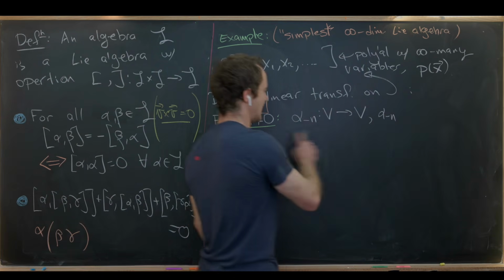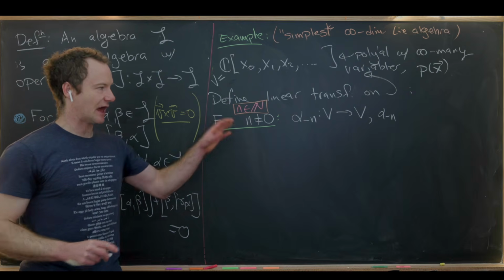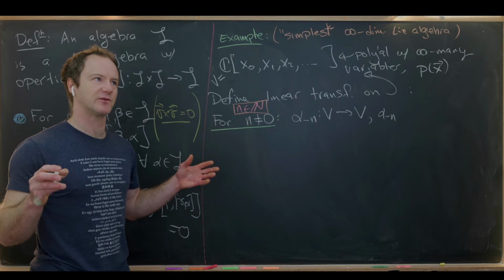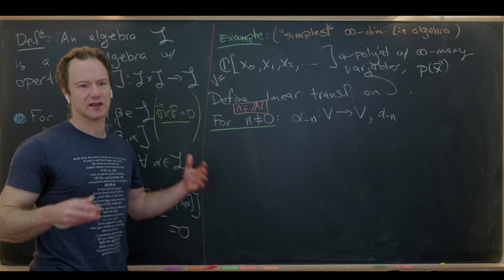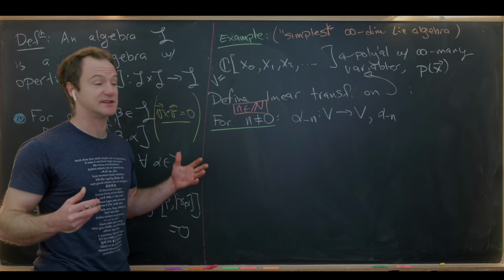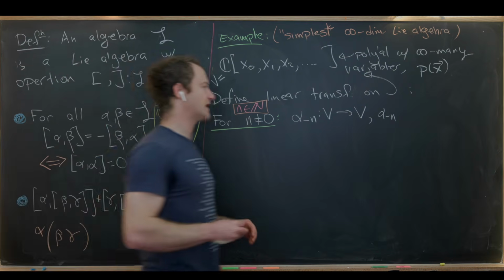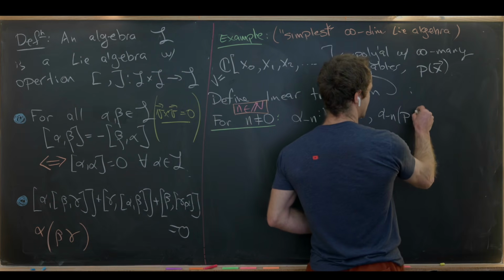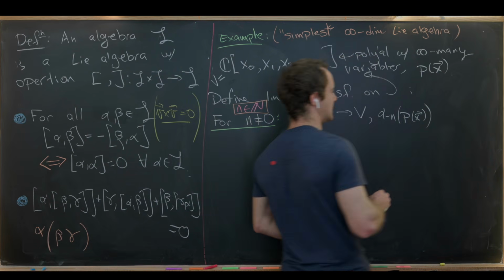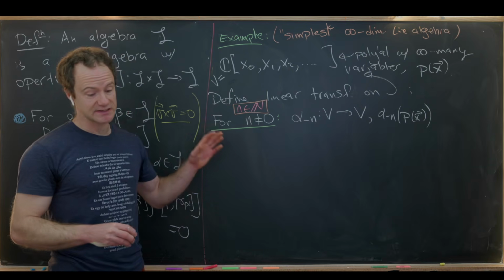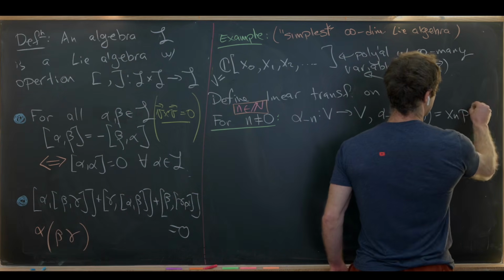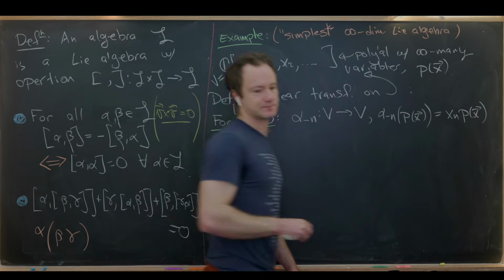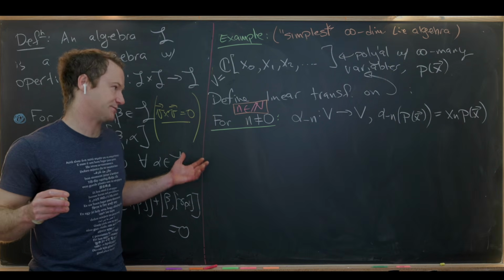I've named it kind of crazy, alpha minus n, but that's just so it holds up for notation if you look at the definition presented somewhere else. What it does is it takes a polynomial, I'll call that p(x), and all it does is multiply it by x_n. So this will be x_n p(x). That's all. So that's a linear transformation.